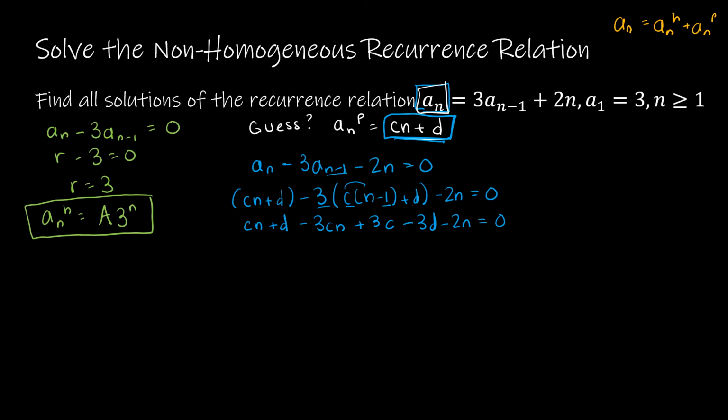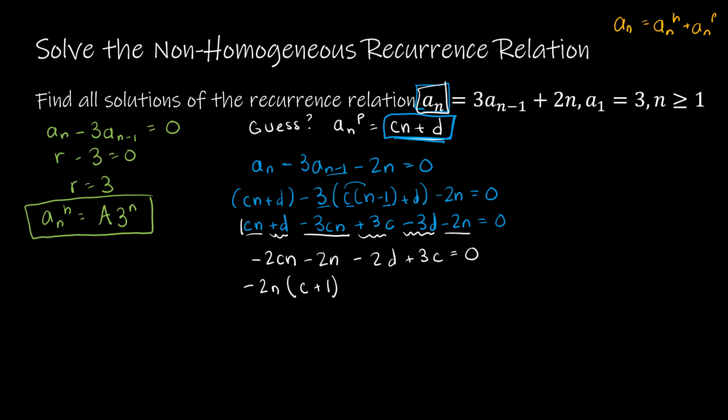So this is 1cn and minus 3cn. Those will combine to be negative 2cn. And then I've got minus 2n. Then I'm going to write all of the terms that don't have an n. So I have plus d and minus 3d, so that's negative 2d, and then plus 3c equals 0. So we're almost there for the c's and the d's. I'm going to factor out a negative 2n, and that leaves me with c plus 1.